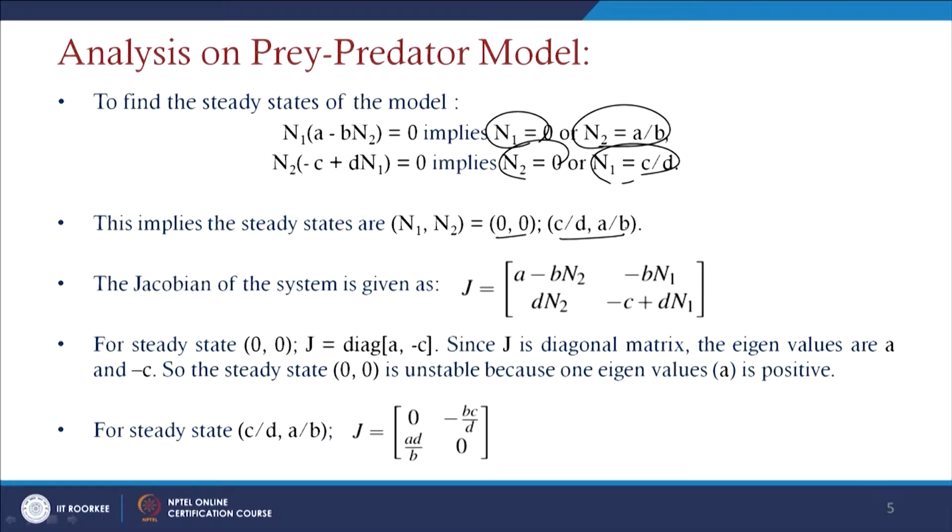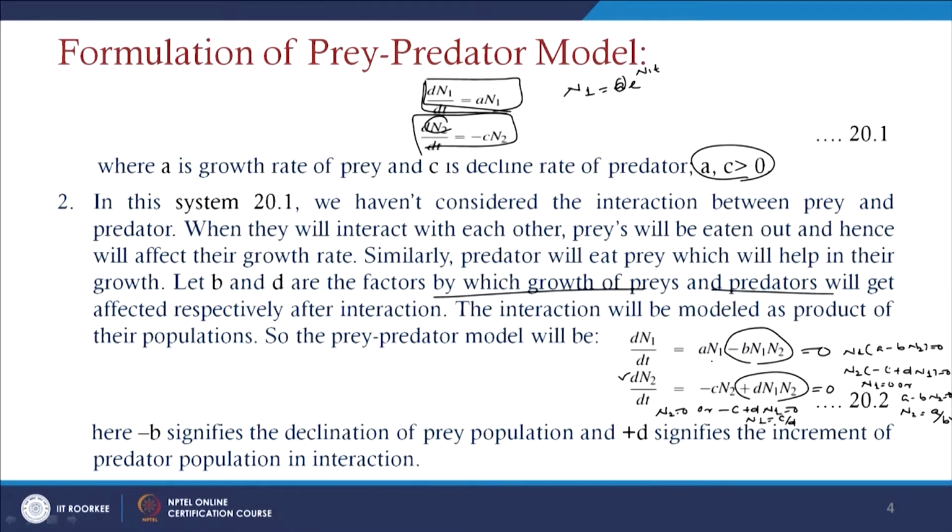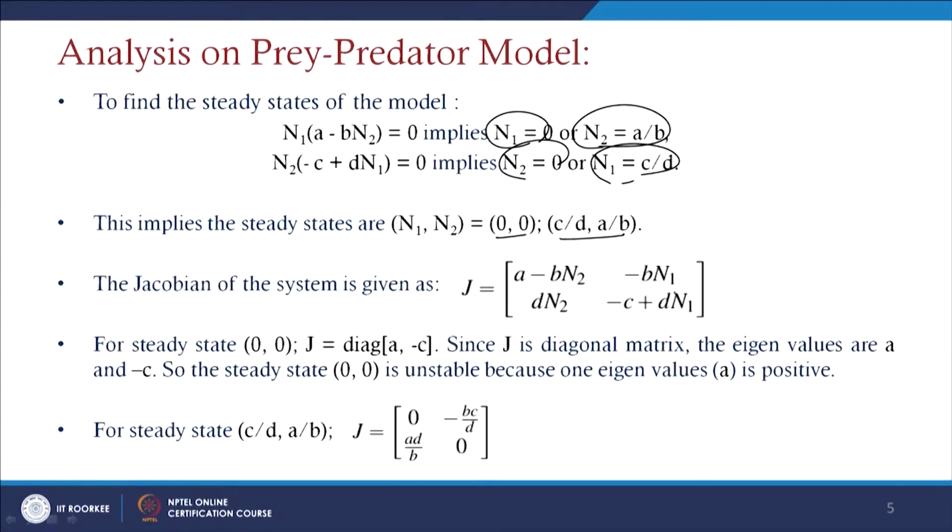And if you formulate the Jacobian here, we have to take the differentiation with respect to n1 for the first equation, which we can write as f of n1 n2, and the second one we can write as g of n1 n2. So for the Jacobian, first we take the differentiation of f with respect to n1, then for the second element we consider the differentiation with respect to n2.